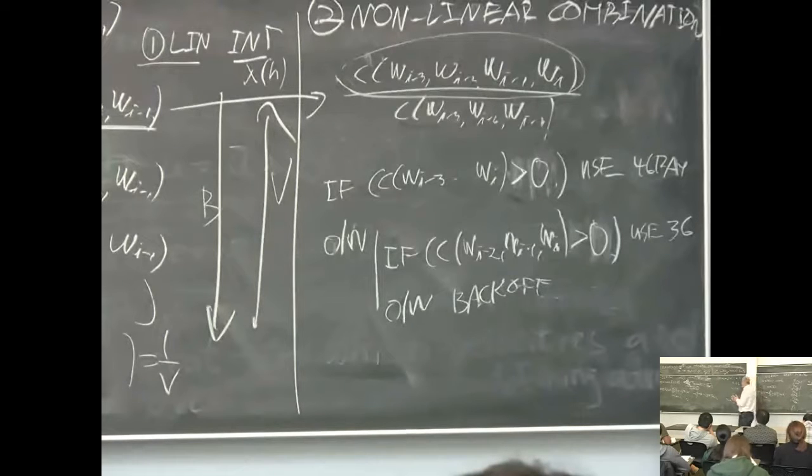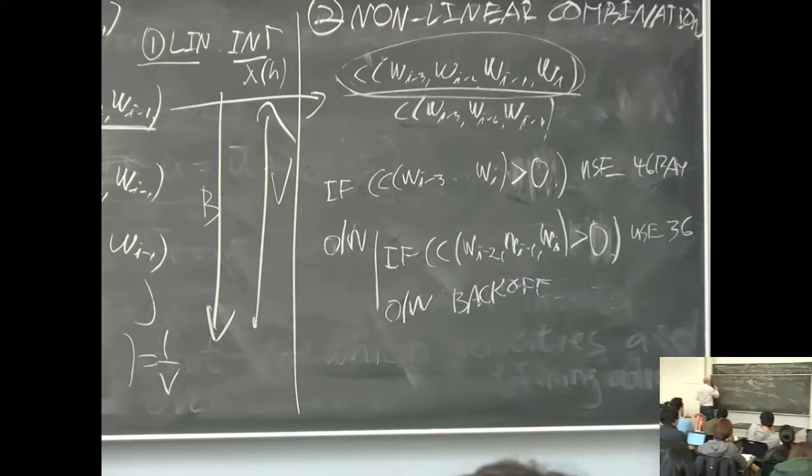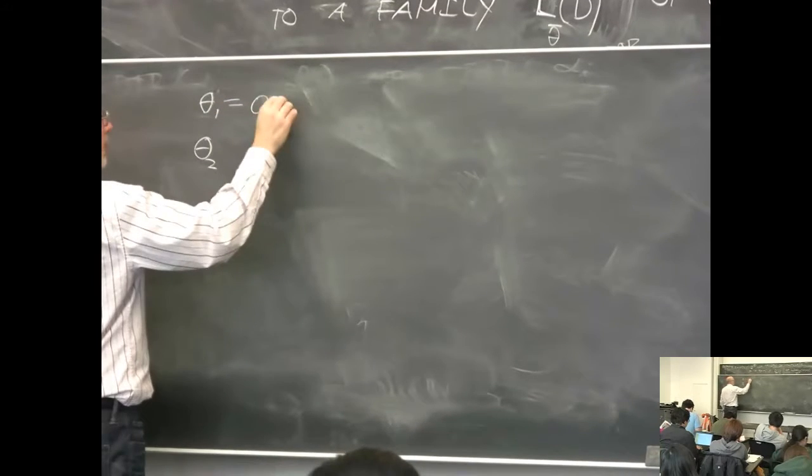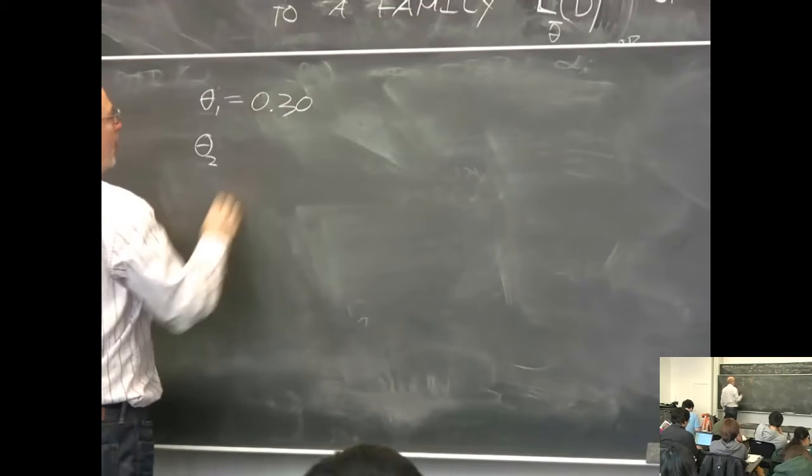So let's take a less extreme example. If you remember, what we said is that we care about the relative error. So suppose you have two parameters you're trying to estimate, theta 1 and theta 2. Theta 1, the true value, is 0.30.